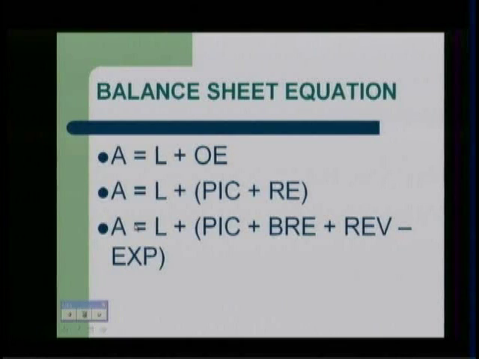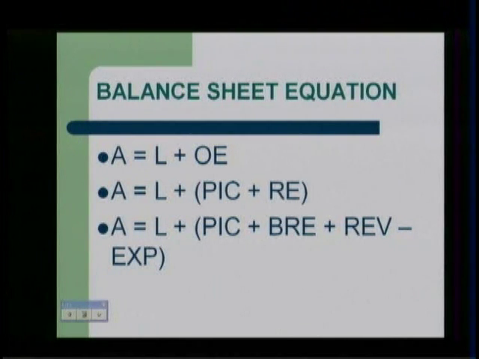In order to do that, let's talk about the actual balance sheet account that we've been talking about, the basic equation. Remember, we said the equation was A equals L plus OE. Assets equals liabilities plus owner's equity. We can take the owner's equity and break it down into two components.